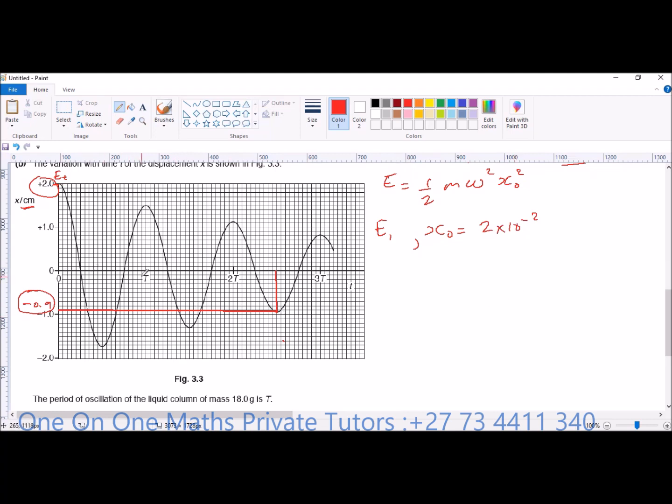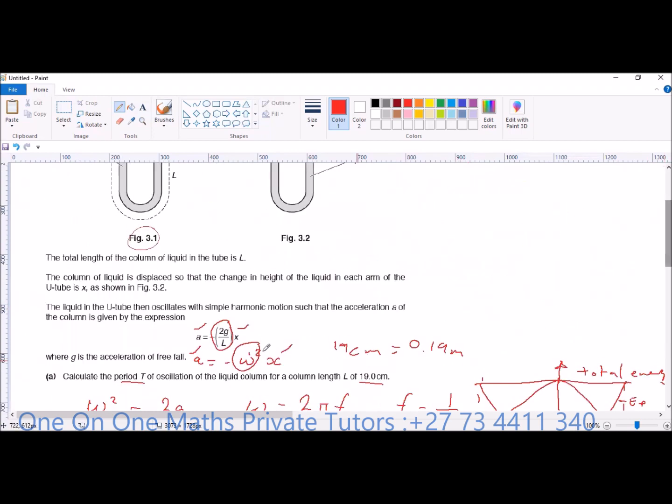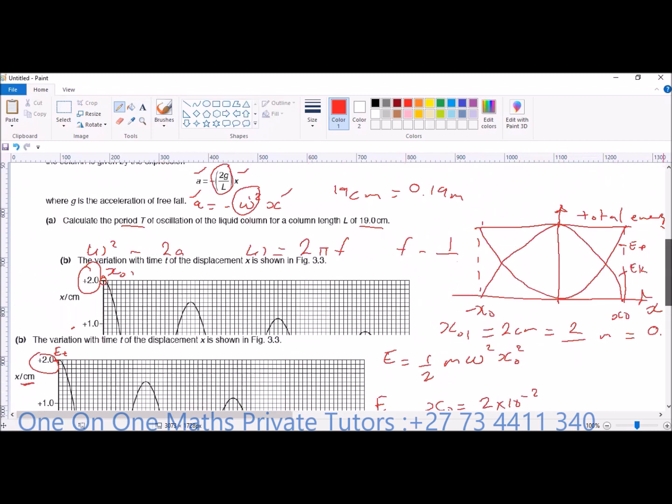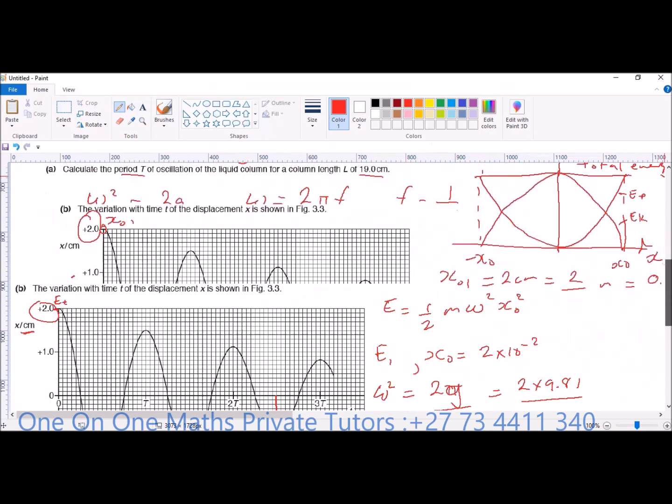Since the period is the same, the frequency is the same. So omega squared is equal to 2G over L. Where do we get that? We have been given this. We compared omega squared to 2G over L. So omega squared is equal to 2G over L, which is 2 times 9.81 over the length 0.19 meters.